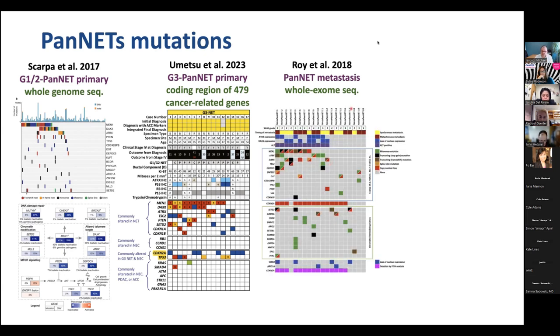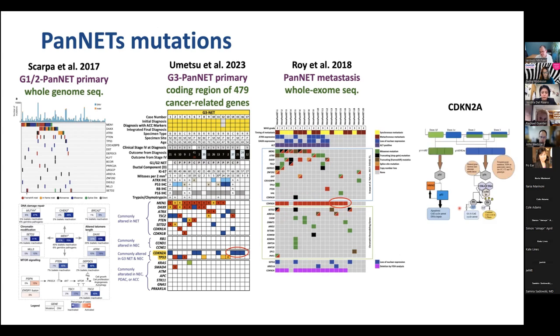Now, another study was published in 2018, and here again they did whole exome sequencing. This one was only from metastasis. And for me, again, what was really striking is the copy number loss of CDKN2A. CDKN2A is a protein that when it's lost, it leads to inhibition of both the P53 and the RB pathway.